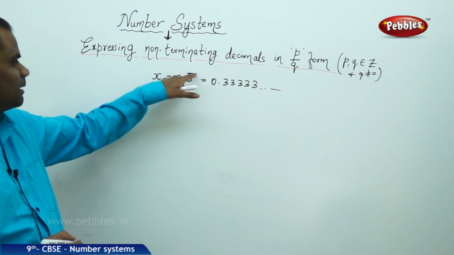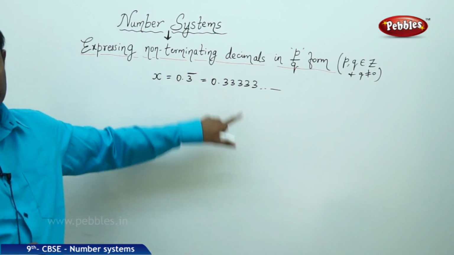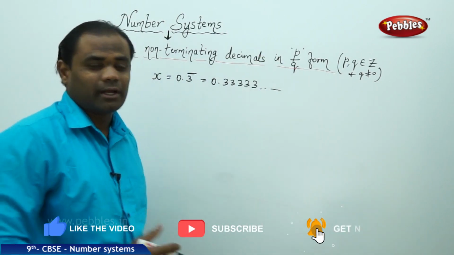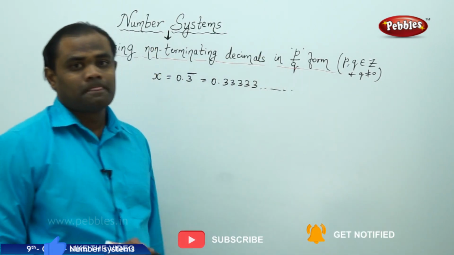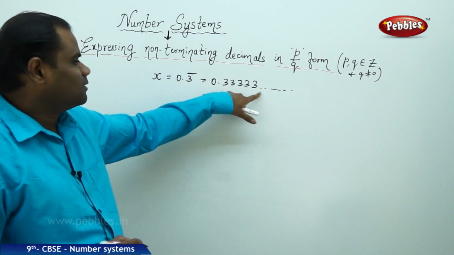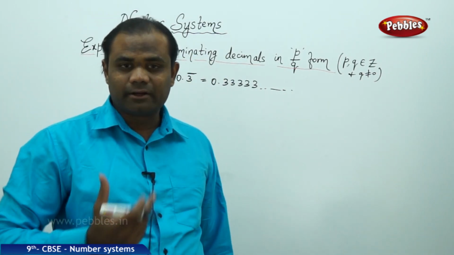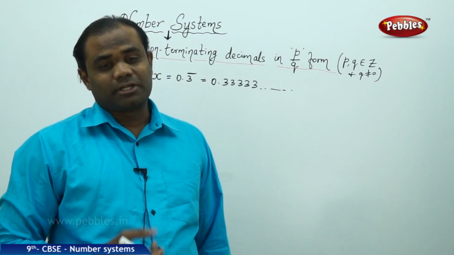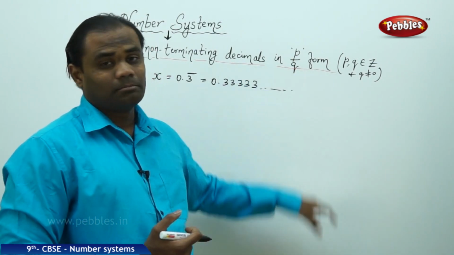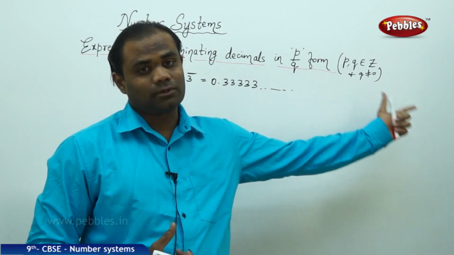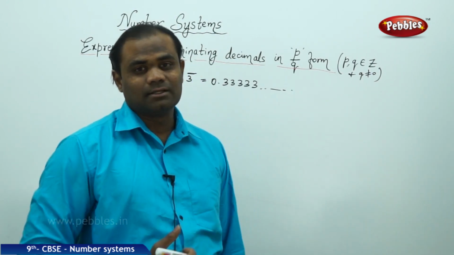So 0.3 bar implies this can be written as 0.33333 and so on. Now let's see if this number, which is never ending or non-terminating or ever recurring decimal, can be expressed in the rational form p by q, with p and q belonging to Z and q not equal to 0. So let's see if it's possible.